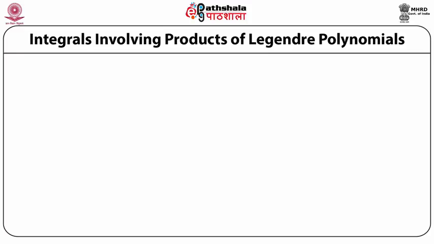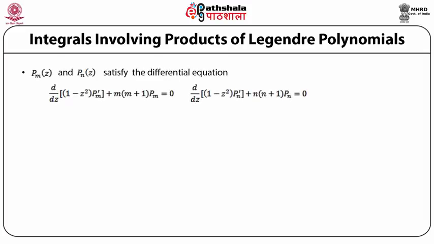Now we discuss the integrals involving products of Legendre polynomials. Legendre polynomials Pm(z) and Pn(z) satisfy respectively the differential equations d/dz of (1 minus z²) Pm′ plus m into (m plus 1) into Pm is equal to 0.